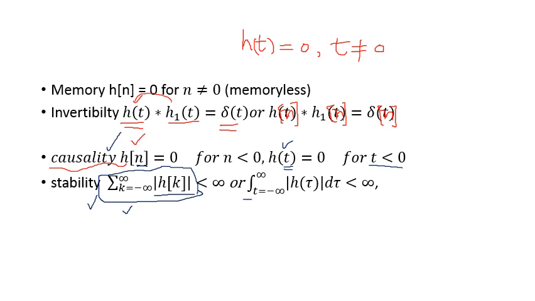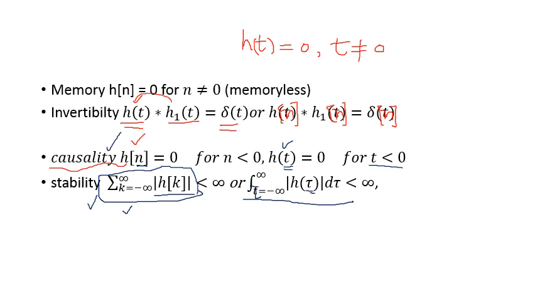Similarly, for the continuous time case, if I integrate the absolute value of h of t from minus infinity up to infinity, it's the same if you take t or tau, whatever the independent variable is. So if tau is from minus infinity up to infinity, and this results in some finite value, then we call such a system a stable system.